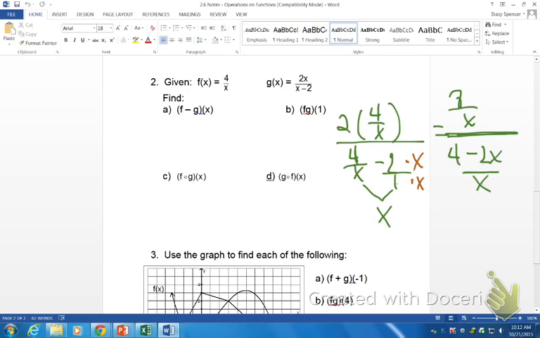So this is going to be 8 over x divided by the 4 minus 2x over x. And what did I say? Division is the same as what? Multiplying by the reciprocal. So you would have 8 over x times x over the 4 minus the 2x.